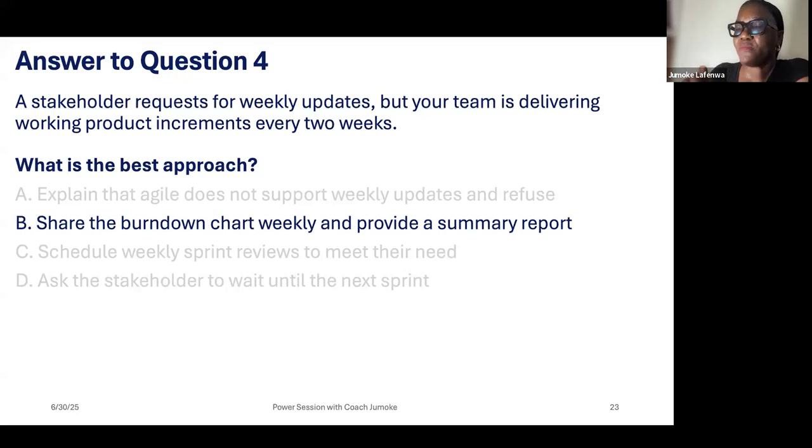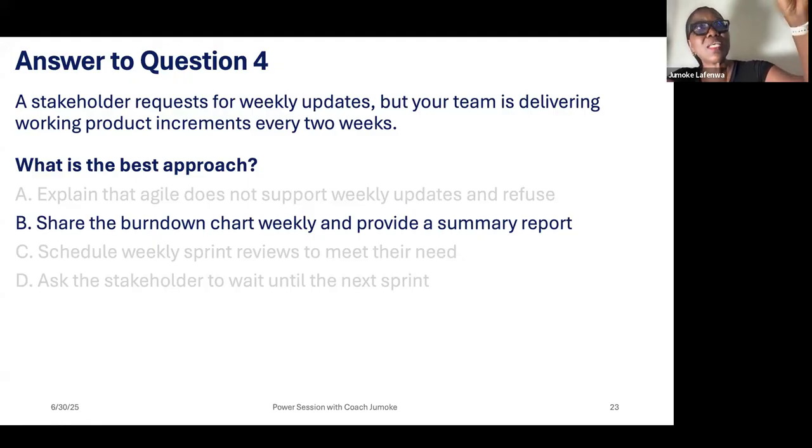If you have set it that it's every week, every 2 weeks, every 3 weeks, you cannot change the velocity or the iteration period because a stakeholder just said, I want reports every week. From this question, you are delivering working product increments every 2 weeks, so it means your iteration is 2 weeks. So if you have the burn down, and the person wants updates.